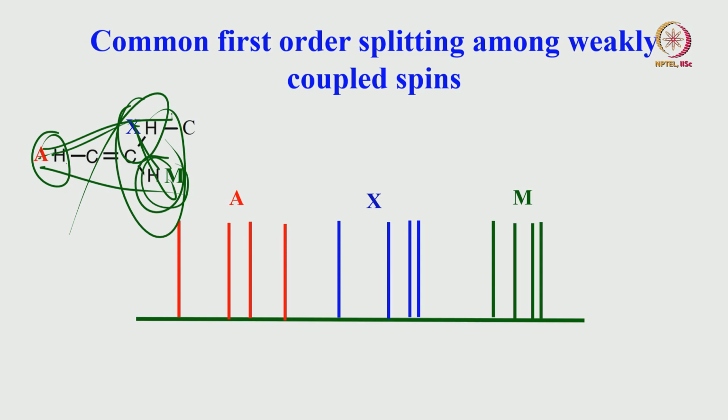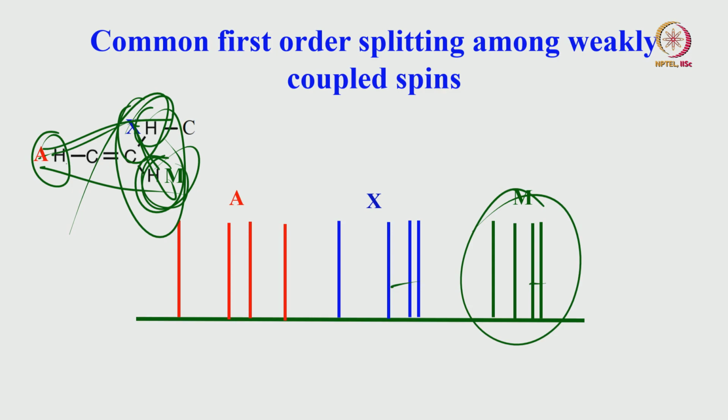First it will become a doublet, and each line of the doublet becomes further a doublet because of this coupling with M. So, A will be a 4 line pattern. Similarly, X will be a 4 line pattern and M will be a 4 line pattern. Identical intensities will be there, but the separations between the different peaks are different because the couplings are different.